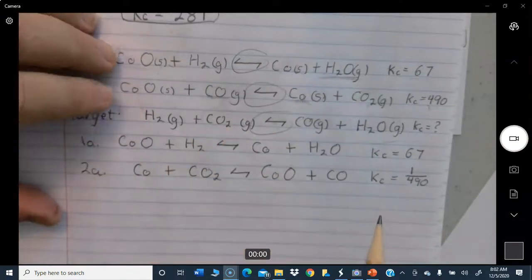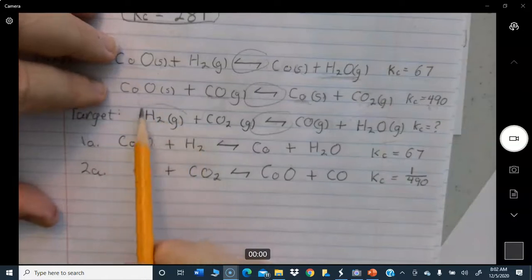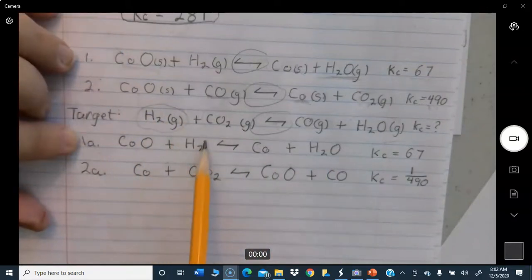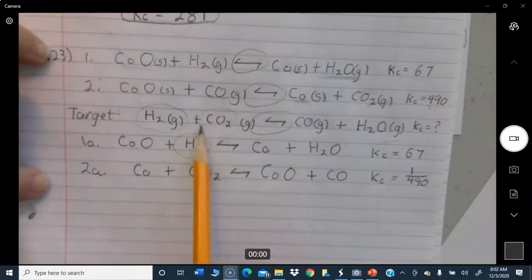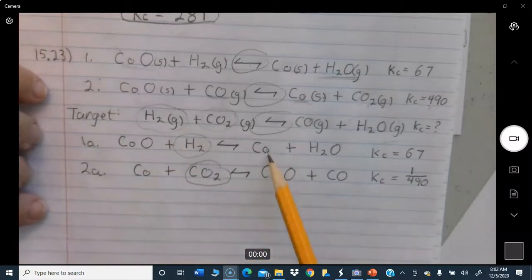So H2 in our target appears on the left, and the only place it appears is in 1A on the left. That's good. CO2 appears on the left, and in these equations it appears on the left. That's good.